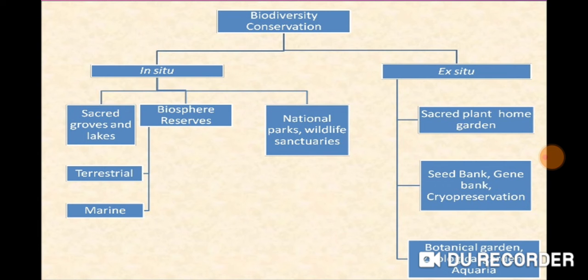We should protect the terrestrial land, marine, water area where naturally the organisms can live, survive, and interbreed, and develop national wildlife parks. Whereas in ex situ, we should prepare a specific home for our gardens for some plants.